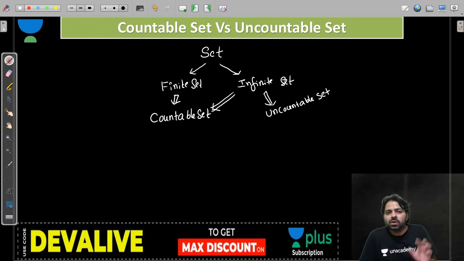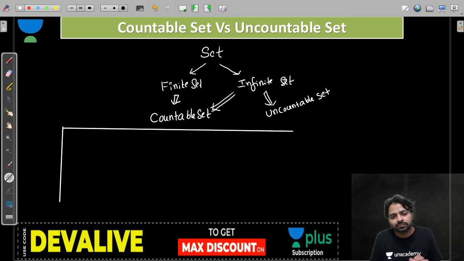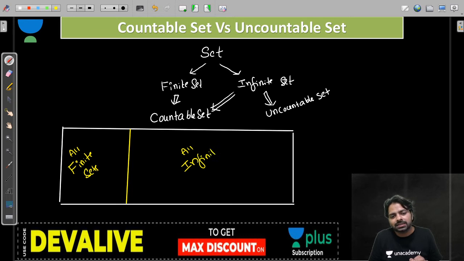We have countable sets and uncountable sets. When you look at the countable set, you can also realize it in a class diagram. If you assume these are finite sets, and these are all infinite sets, then here countability is going to be like this.